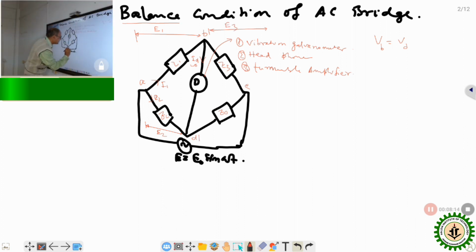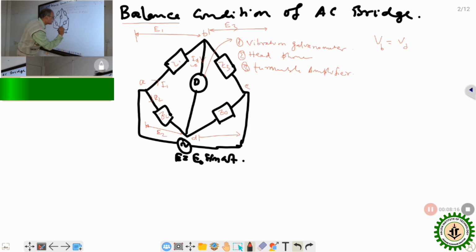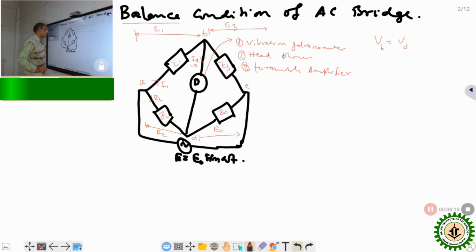Across this is E4. Now, no current is flowing through the detector. That means the potentials at terminals B and D are the same. This is the condition for the balance of the bridge.